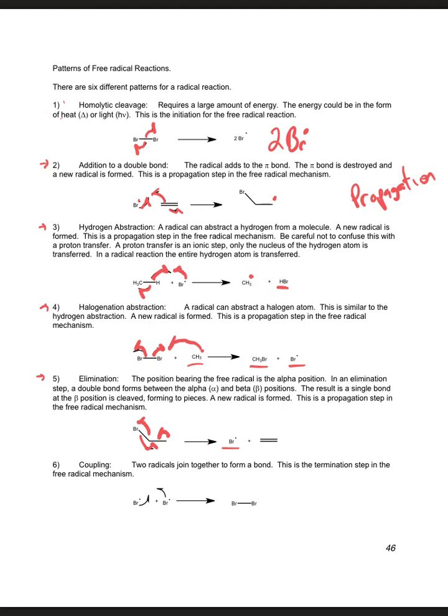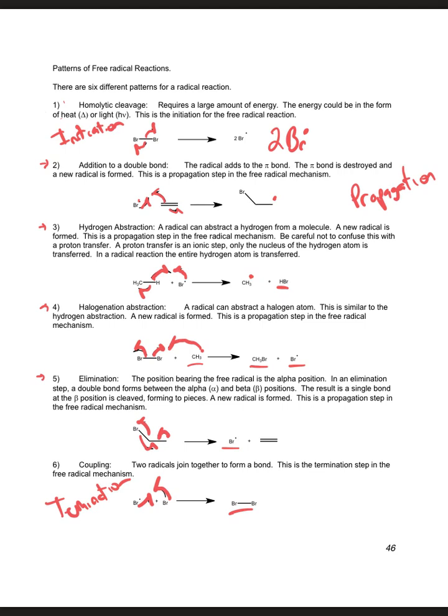And the last one is a coupling or a termination. So the first step is the initiation. The last step is a termination. Every free radical process will start with an initiation and end with a termination. In the termination, two free radicals come together to form a small whole molecule and kill off the free radical process.